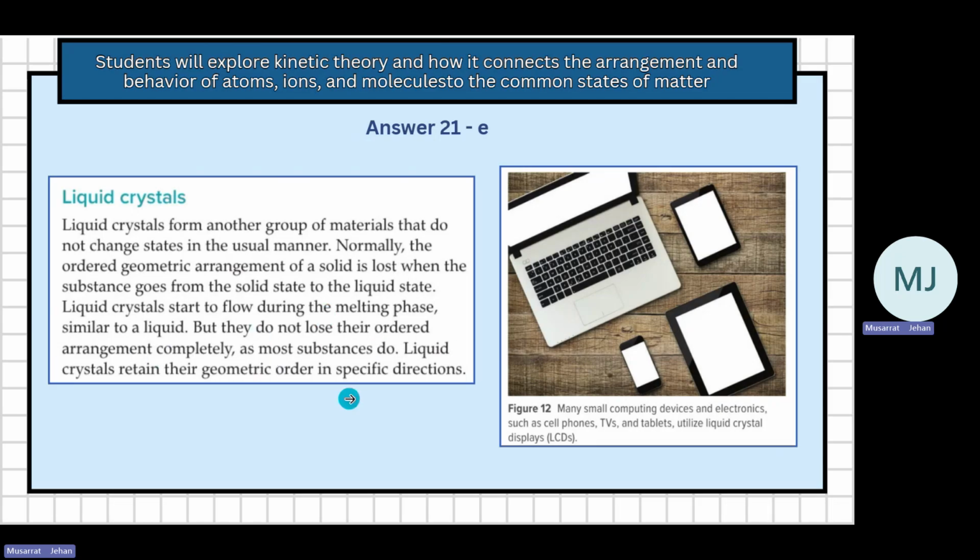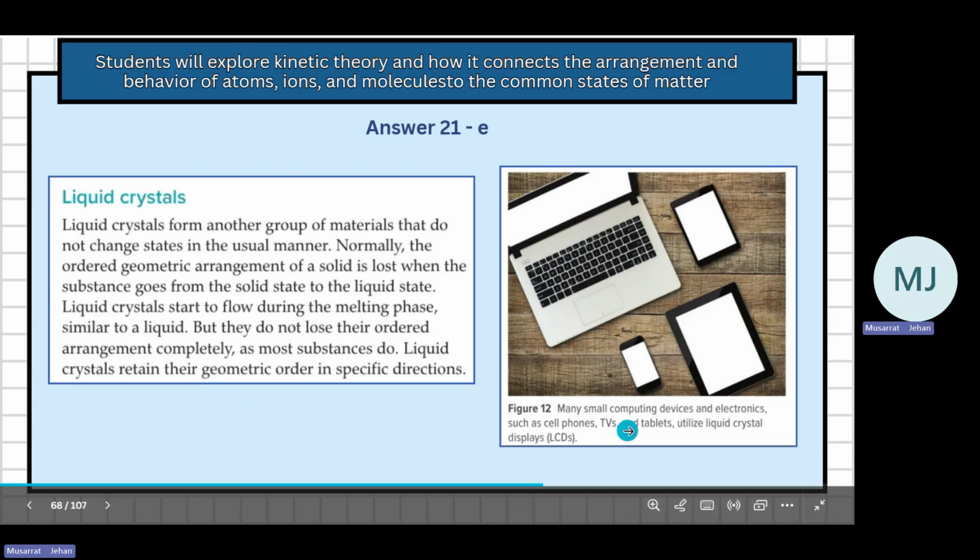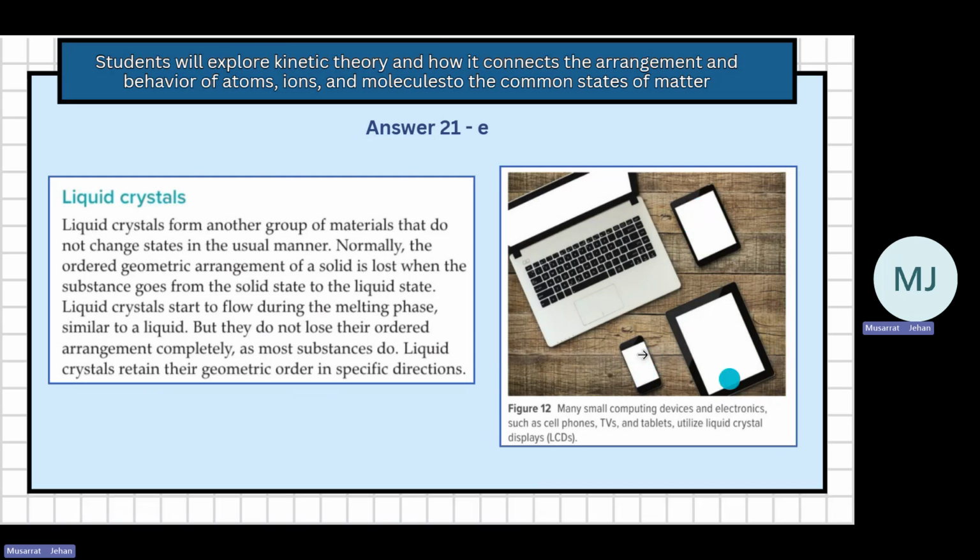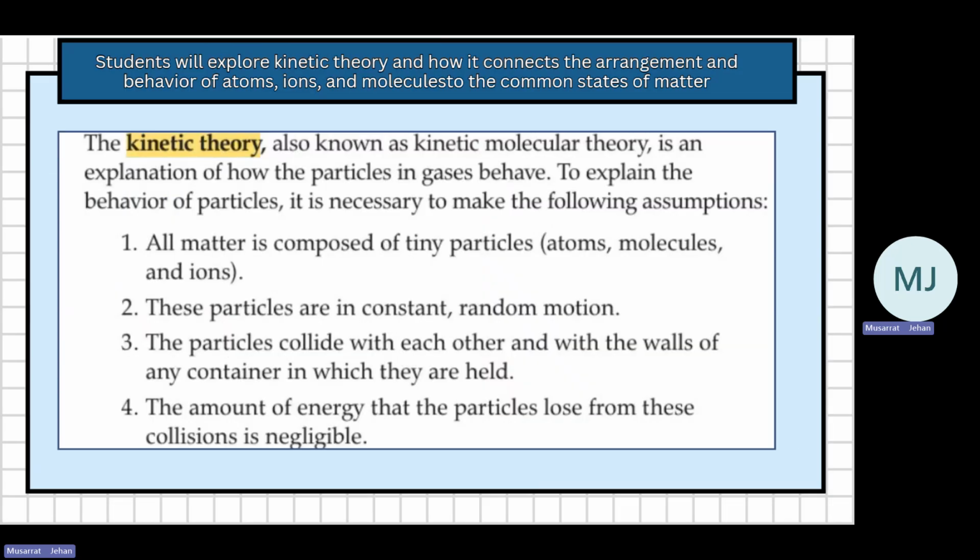They retain their geometric order. Examples are electronics such as cell phones, tablets, and laptops, which have liquid crystals in their display. So these are the two substances which behave in a different manner.